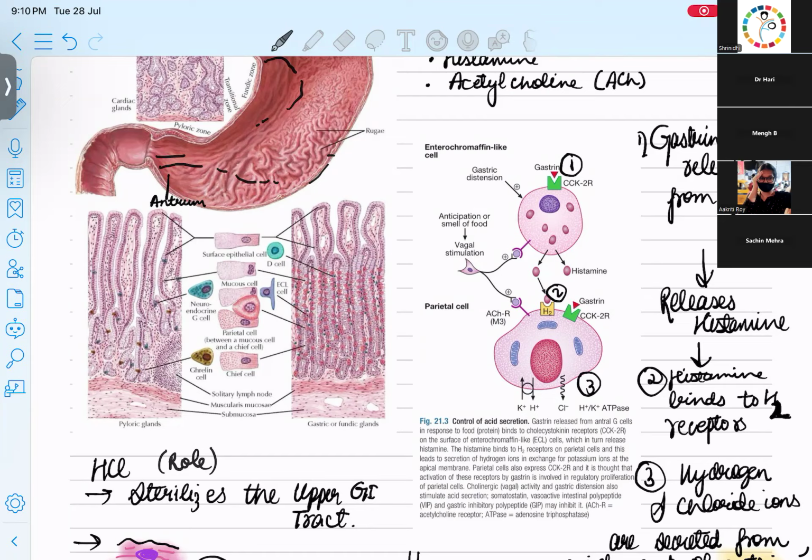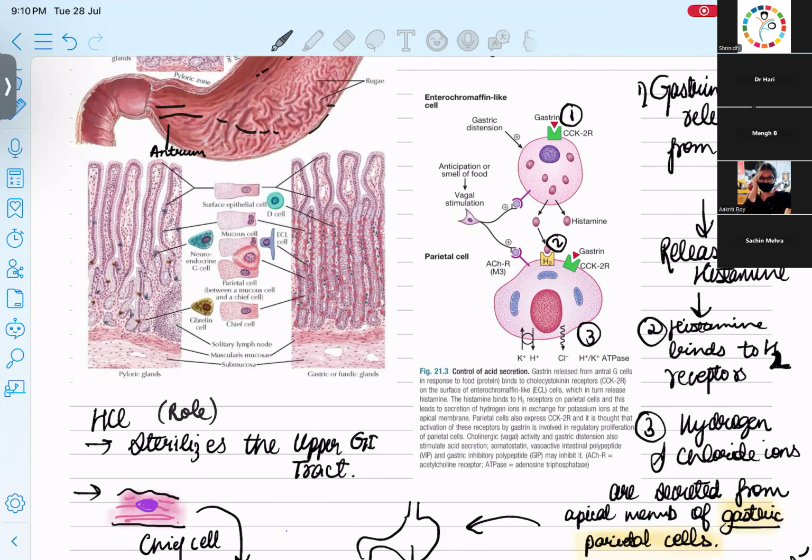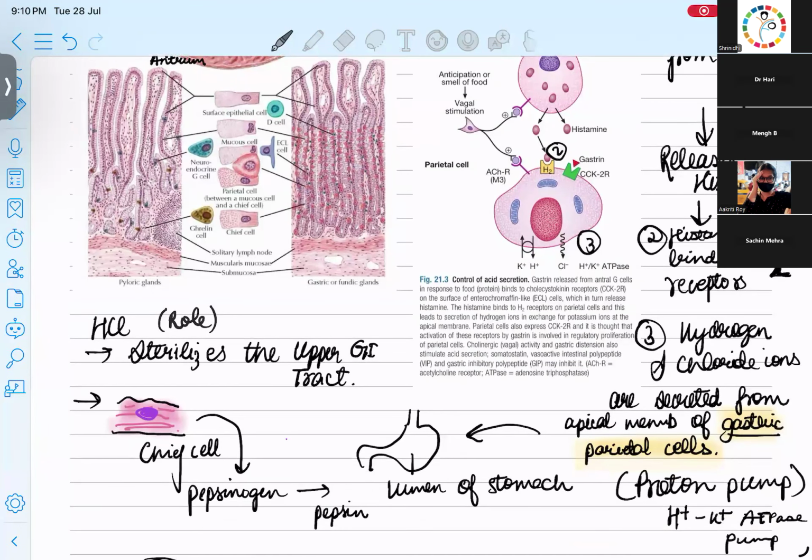And then the enterochromaffin cells release histamine. Histamine binds to the H2 receptors of the parietal cells, and the parietal cells have a very important proton pump, H+/K+ ATPase, the hydrogen potassium ATPase proton pump, which releases hydrogen and chloride ions from the cells into the lumen of the stomach. So, hydrogen and chloride ions are secreted from the apical membrane of gastric parietal cells.